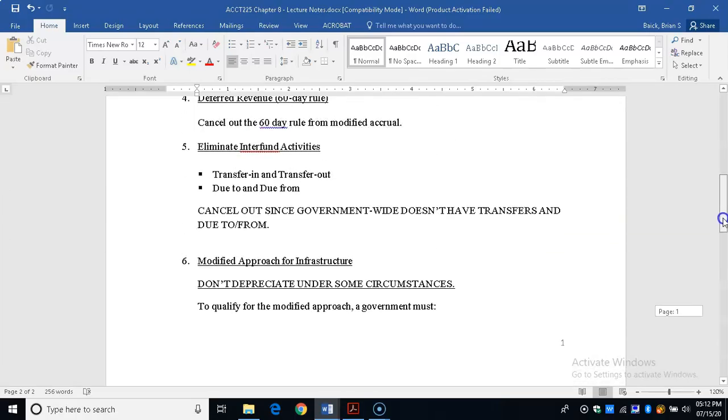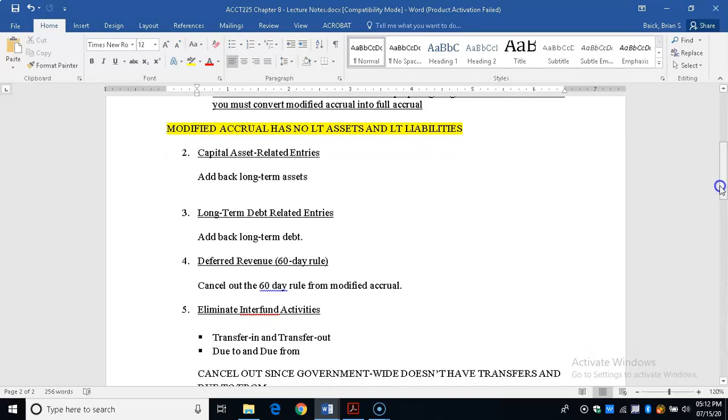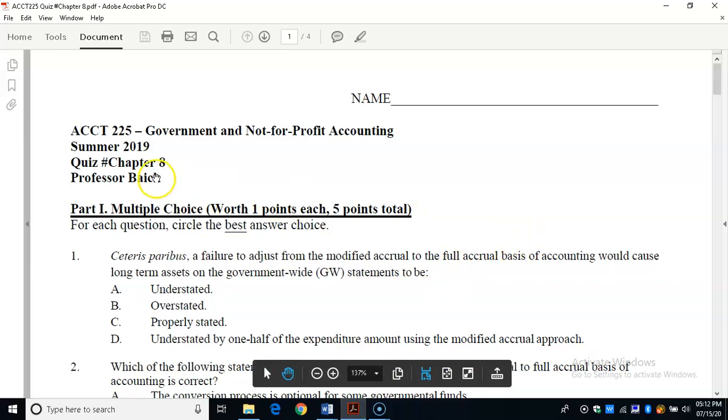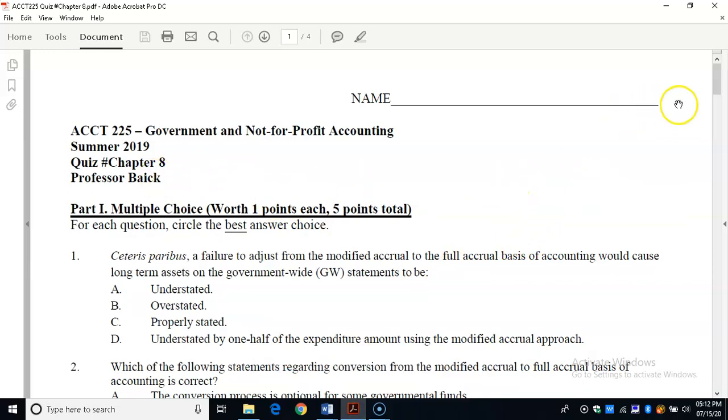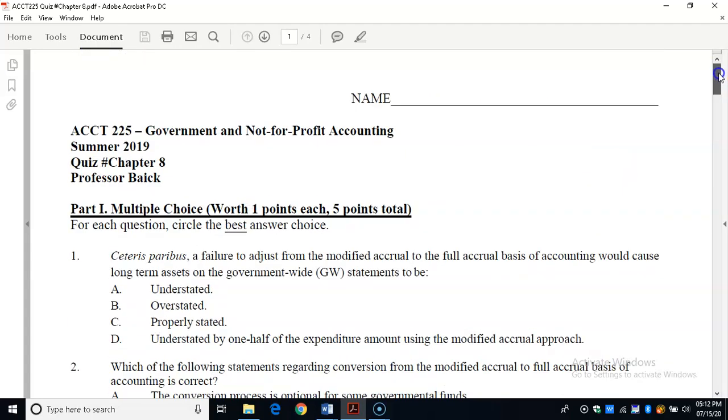Okay, so last thing we're going to do is talk about how to convert from modified accrual to full accrual. Remember, we have 4 steps. Okay, so in the lecture notes, I have a Chapter 8 quiz. So that's posted on Blackboard. So let's take a look at the last question. This is the Chapter 8 quiz.